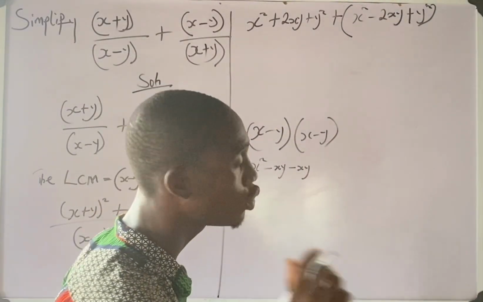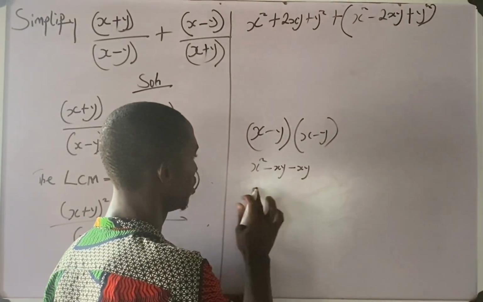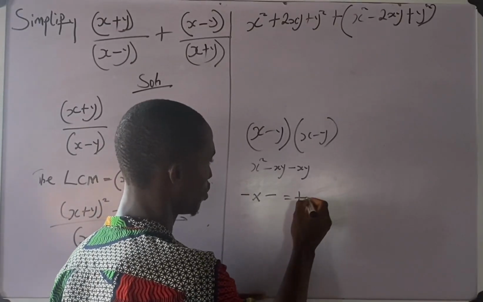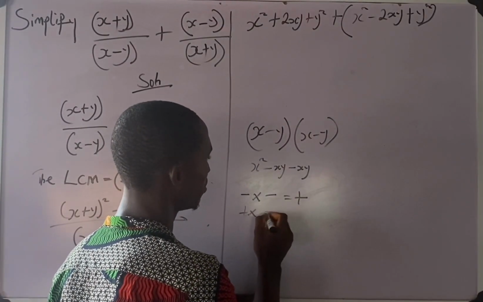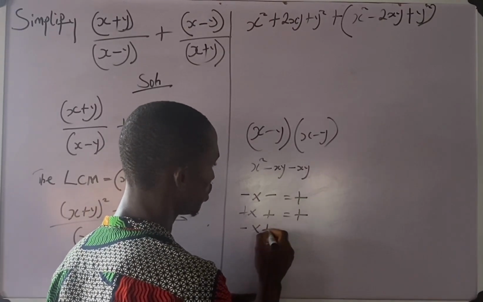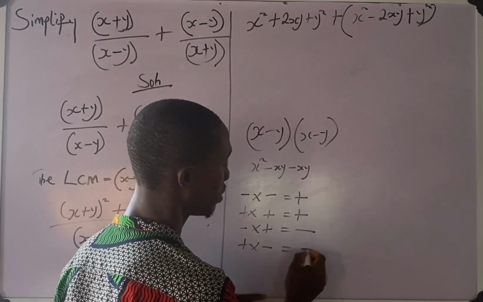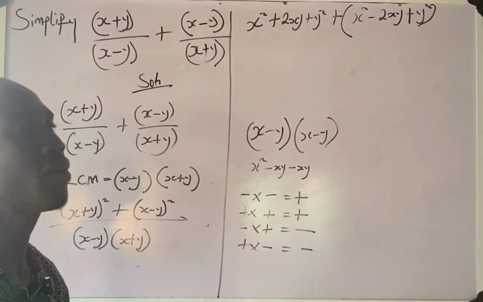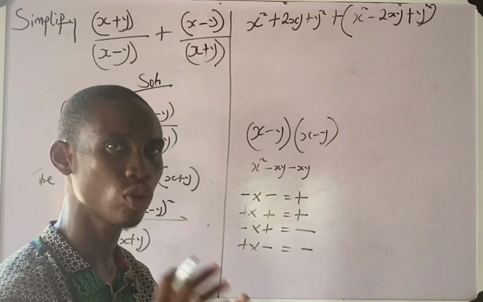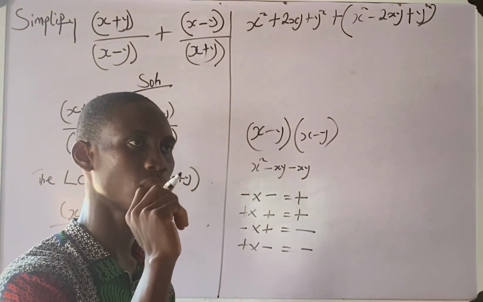For those that may not know this sequence, this is how it is. Minus times minus is equal to plus. Plus times plus is equal to plus. Minus times plus is equal to minus. Plus times minus is equal to minus. Take it like this: when two same signs come together by multiplication, it will always produce a positive sign.